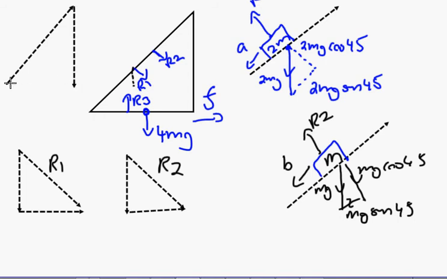So if that's the big one, that's R1, and it has to be at 90 degrees because it's perpendicular to the plane. That one there will be alpha, 90 minus alpha, 90 minus alpha, alpha.